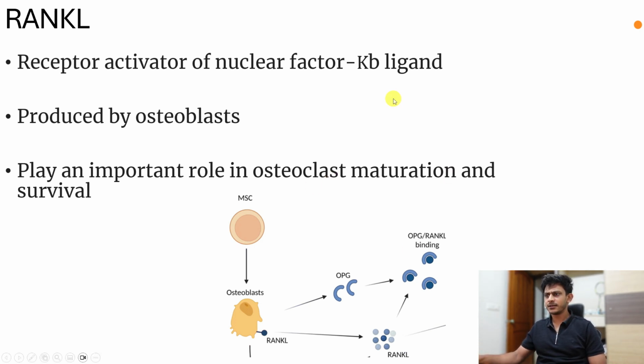And as you can see, there's another molecule called OPG, or osteoprotegerin. This is also produced by osteoblasts in stages of life where there's excess bone resorption. So if bone resorption is happening too quickly, osteoblasts are like, hold on, let me produce some osteoprotegerin. Osteoprotegerin binds to RANKL and prevents it from binding to RANK.